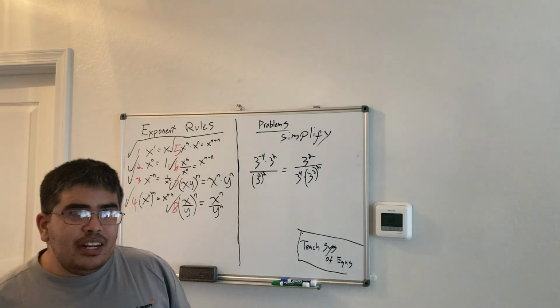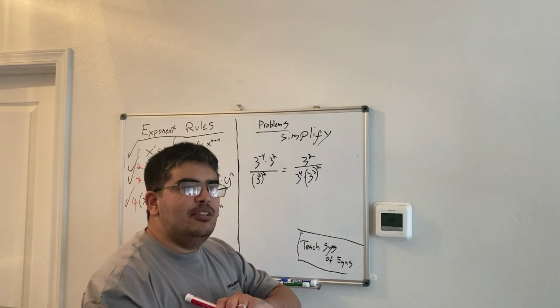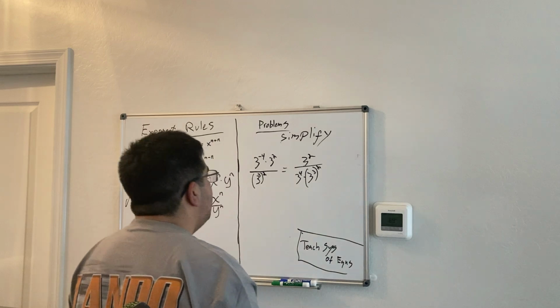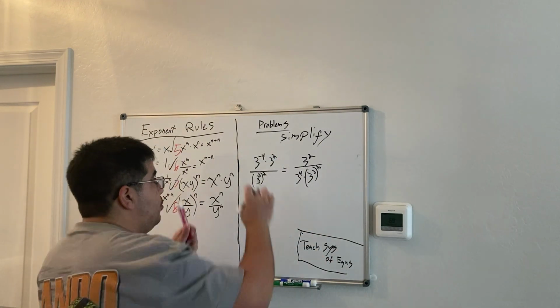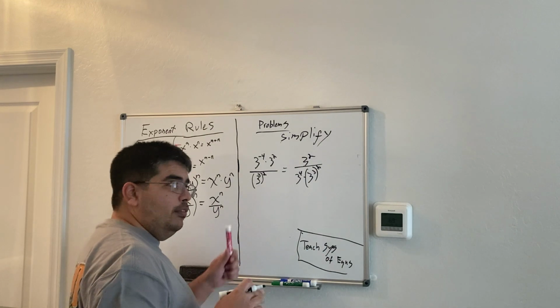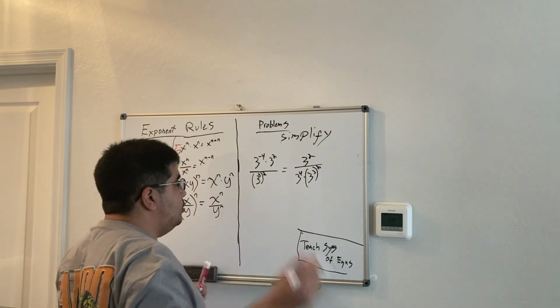Looks more complicated, but it's getting simpler. Sometimes you have to get more complicated to become simpler. So now we've essentially moved this guy down here, and now it's positive. If you move it to the other side of the fraction, it's positive.